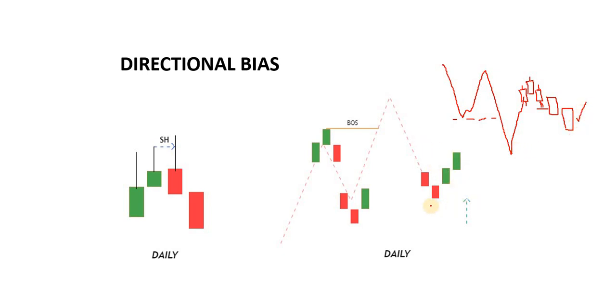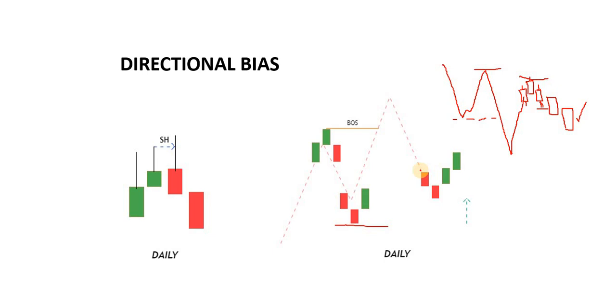Okay, but if you are using this system, ensure for more effectiveness that this low did not eventually break this low. Okay, this low should be higher than this low, or this swing high should be lower than this swing high for it to work properly.